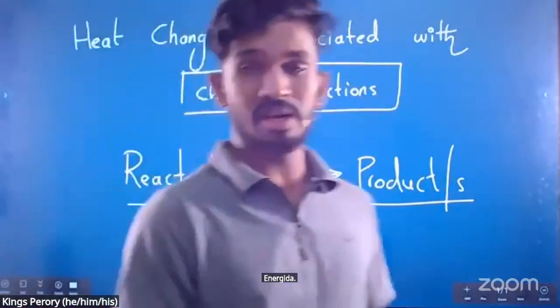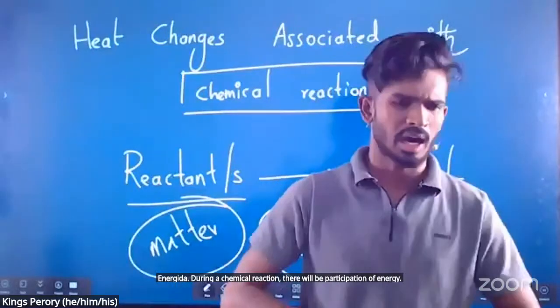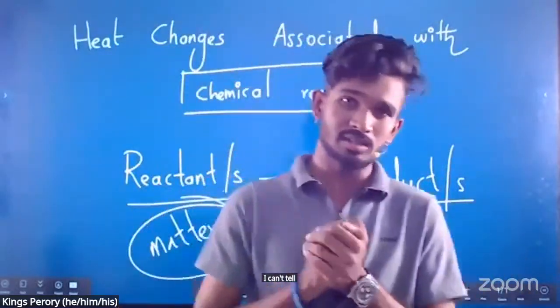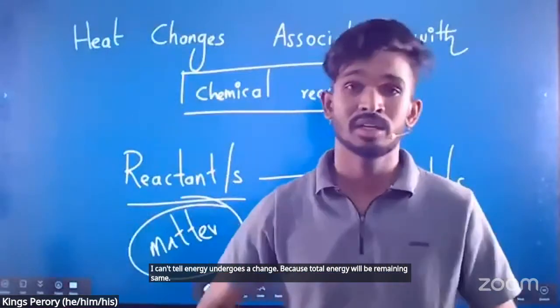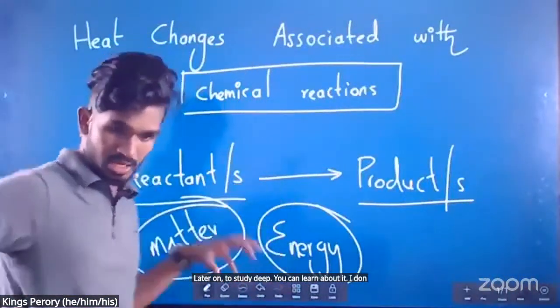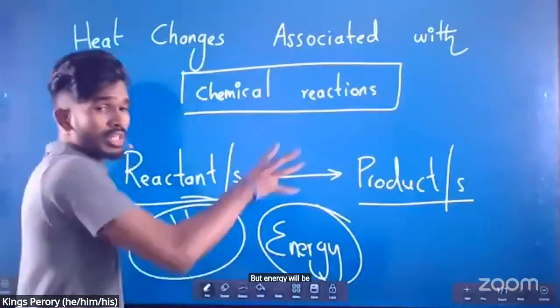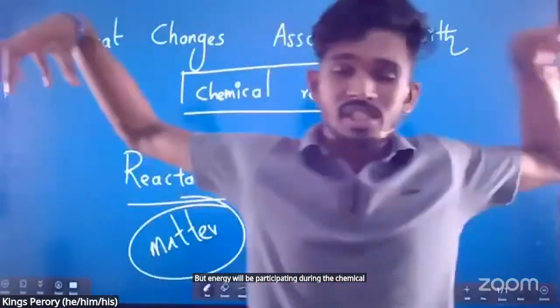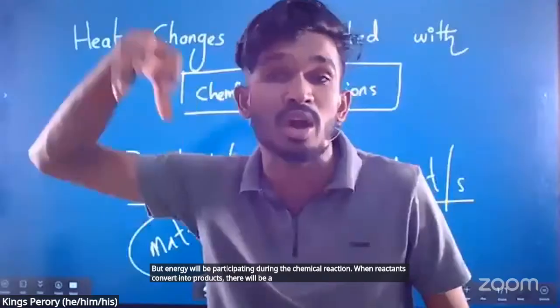During a chemical reaction, there will be participation of energy. I won't say energy undergoes a change because total energy will remain the same. Later on, to study deeper, you can learn about it. But energy will be participating during the chemical reaction. When reactants convert into products, there will be a participation of energy.